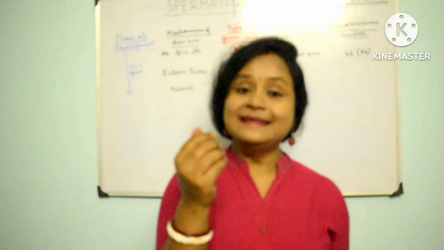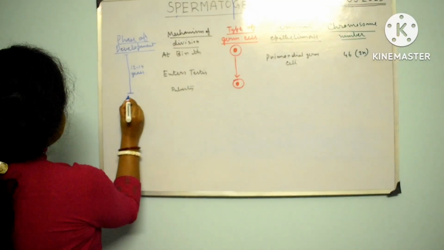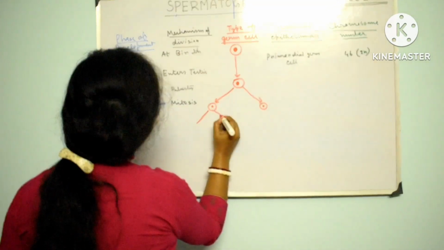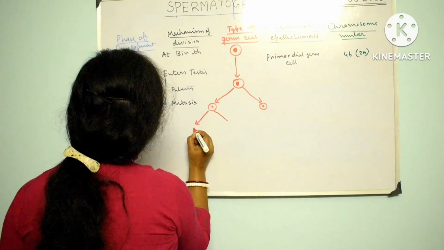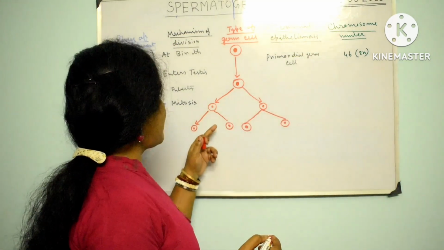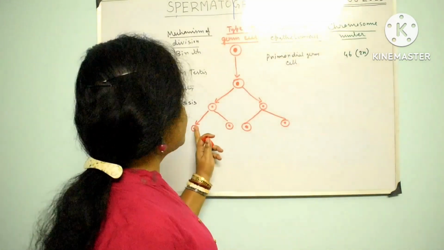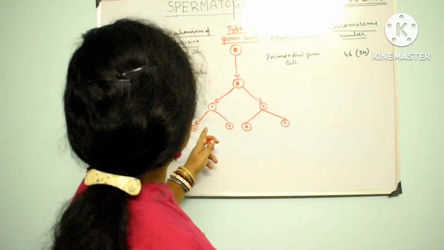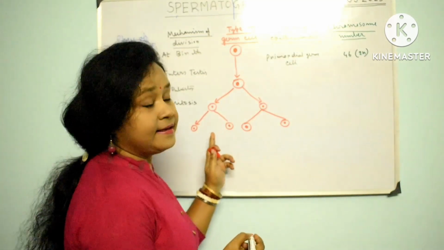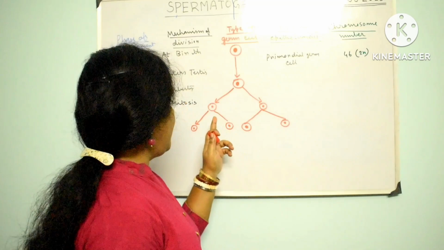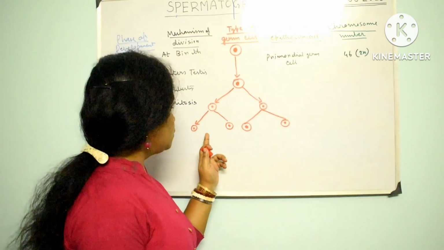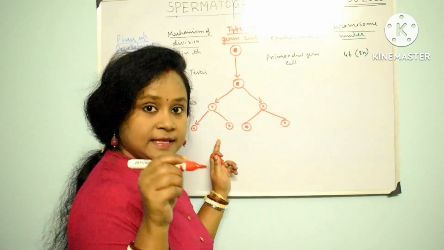Now see the next stage, multiplication by mitosis. Here repeated division will occur, and some of these spermatogonial cells can give rise to stem cells. About this topic I will discuss later in this lecture.